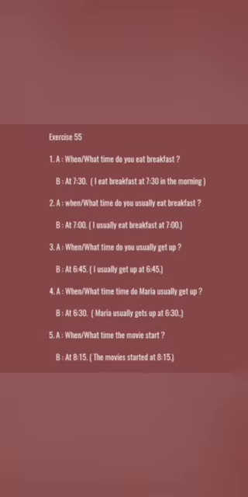The first example is, when or what time do you eat breakfast? The answer is at 7:30. I eat breakfast at 7:30 in the morning. The second example is, when or what time do you usually eat breakfast? The answer is at 7 o'clock.